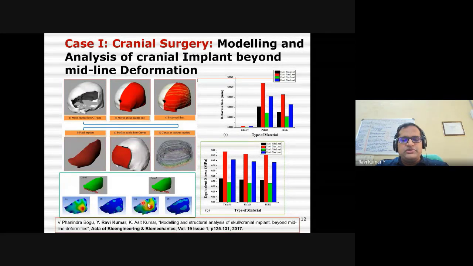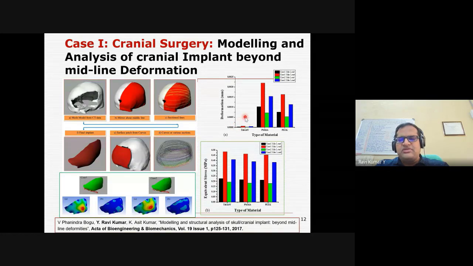It should be uniform. We need to ensure that the location and number of fixation points allow a uniform pressure to be exerted. That's what we have done, a simulation of this. And further we have checked for the printing of this implant.